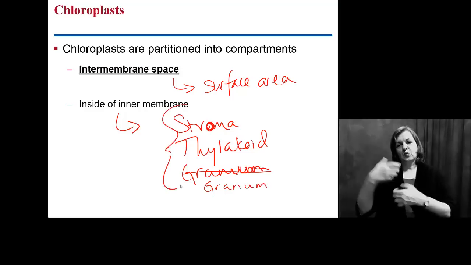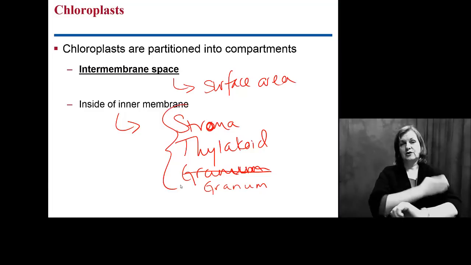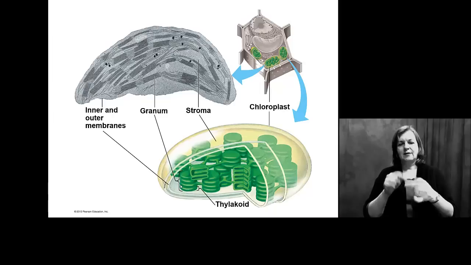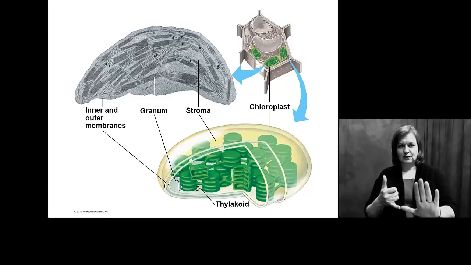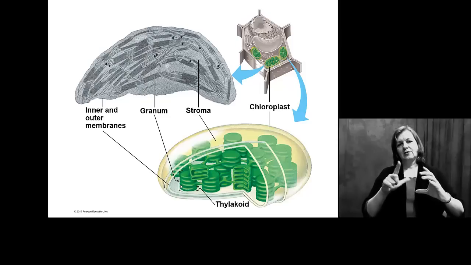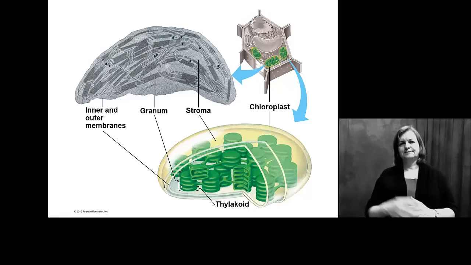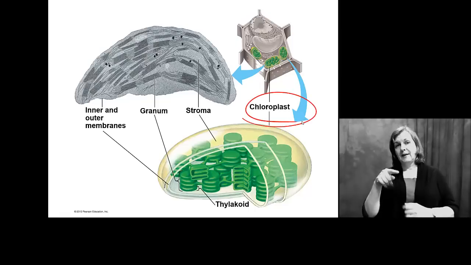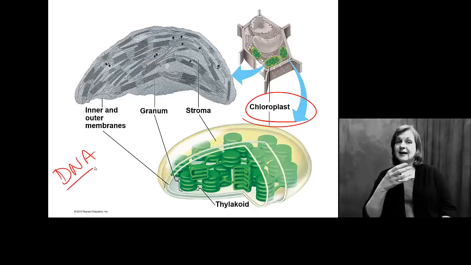These are all responsible for some part of photosynthesis and the conversion of light energy into chemical. We will get into more of these chloroplast structures later on. Please don't worry about them right now. I just wanted to show you that this structure, this chloroplast, looks very, very similar to the mitochondria we were just talking about. Chloroplasts have their own DNA.